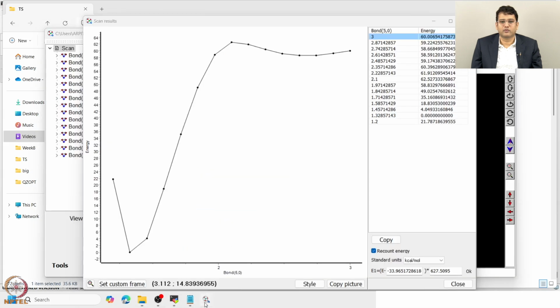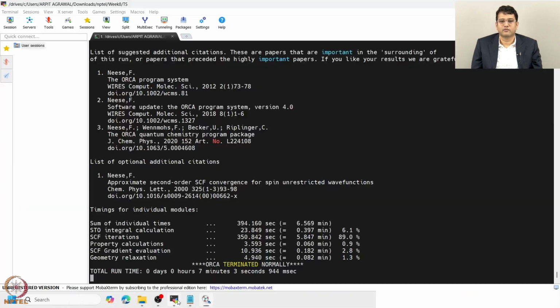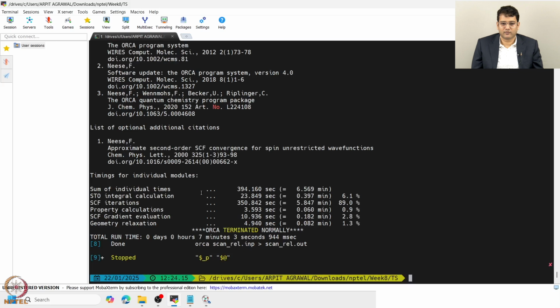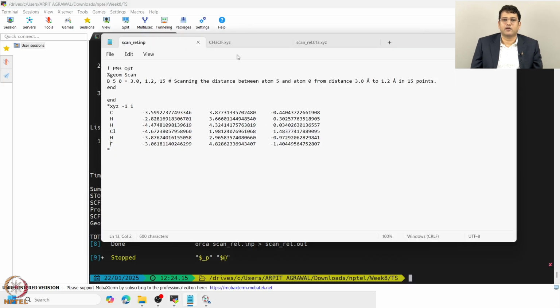So this was our graph. So this is 0.8. So we can make a new file.